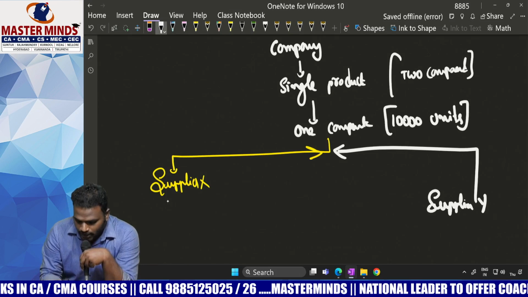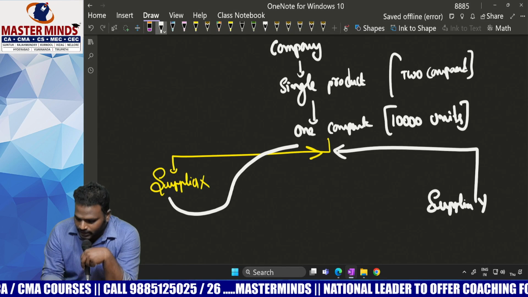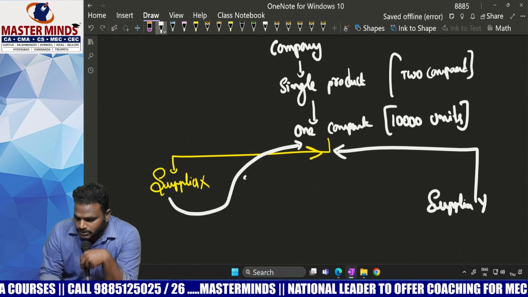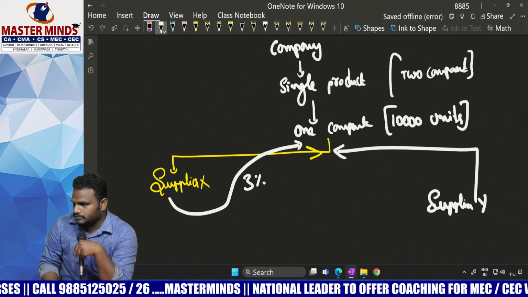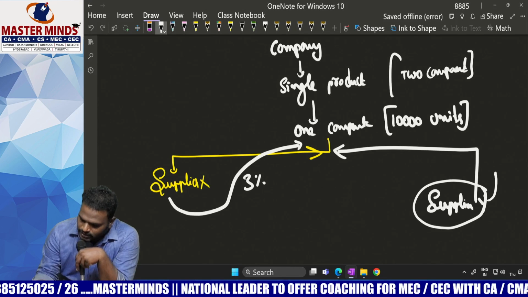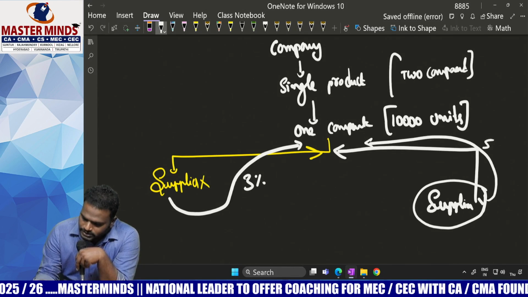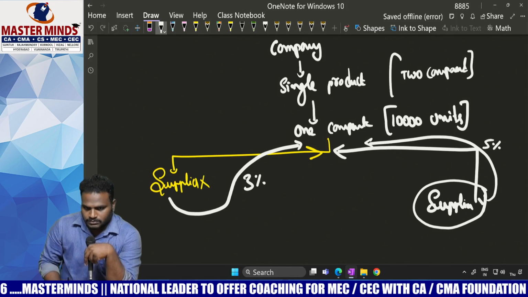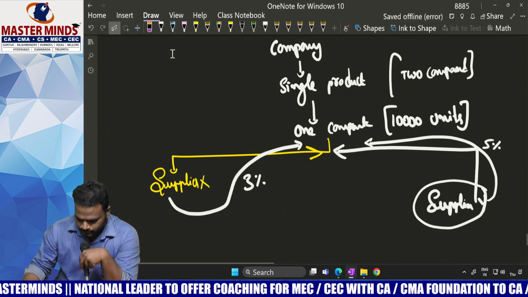If you purchase from supplier X, they observe that 3% is defective. If you purchase from Y, 5% is defective.